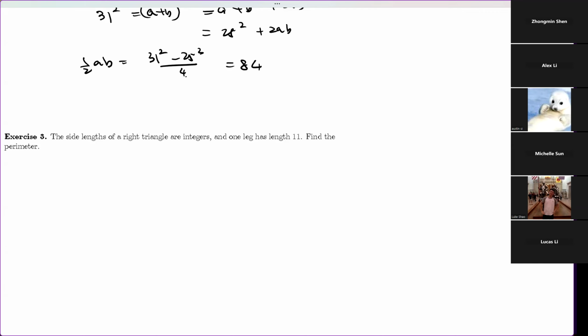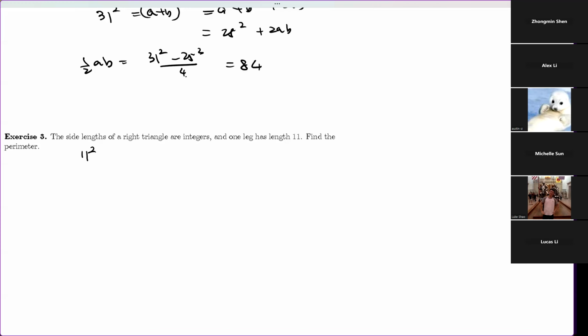All right, for this problem, if you memorize some of the special triangles, then you can probably solve the problem right away. Otherwise, it's challenging.